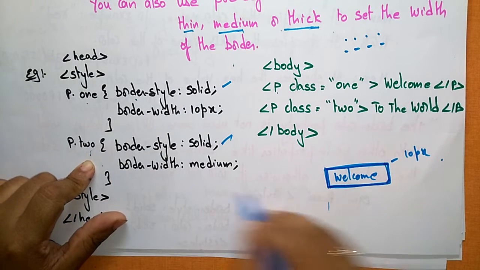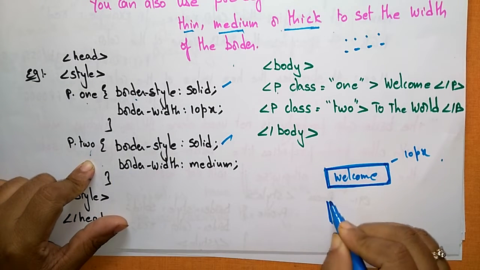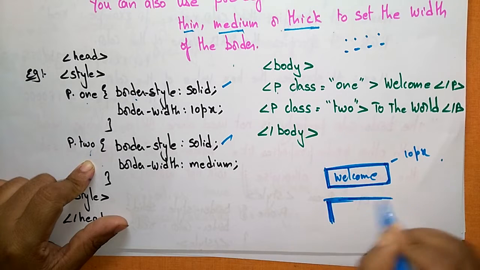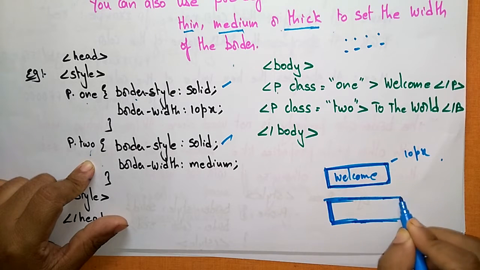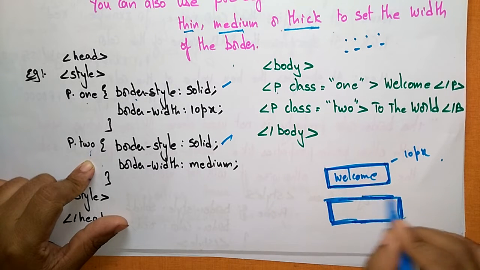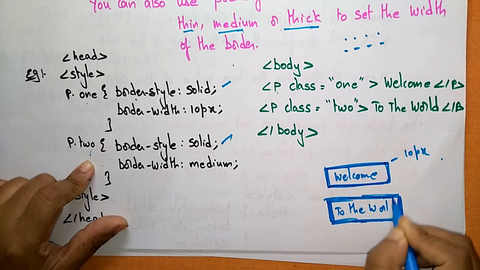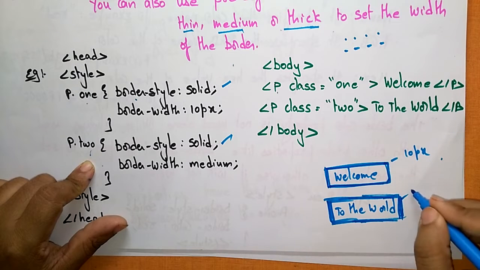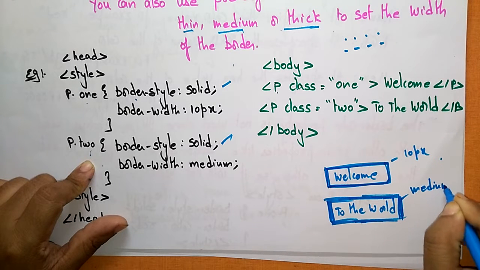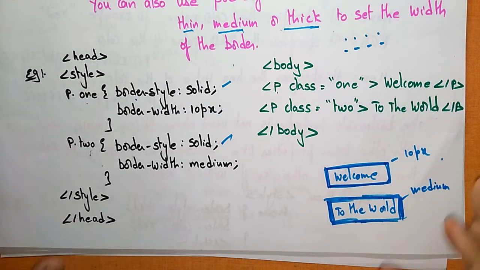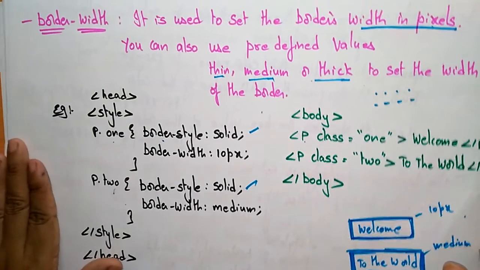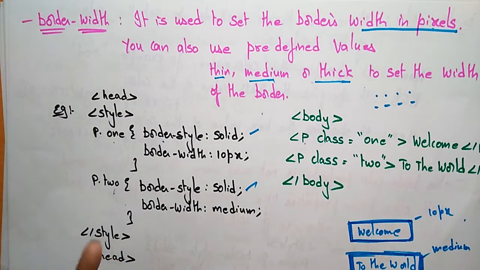It is also solid but the width is medium. Let's take the width as medium. Okay, to the world. So this is medium width. So this is how you are going to use the border width. So border style is over, border width is over.